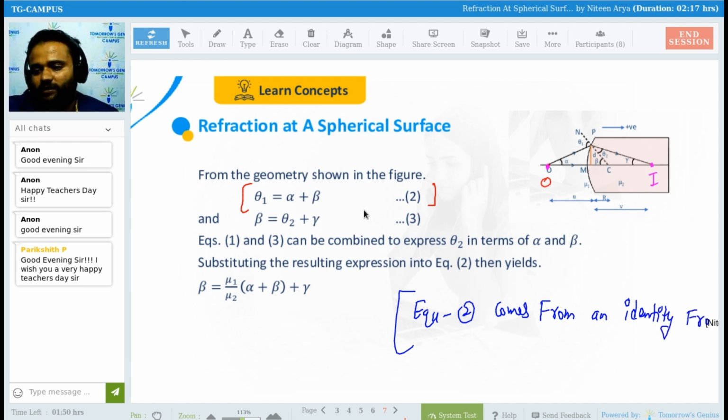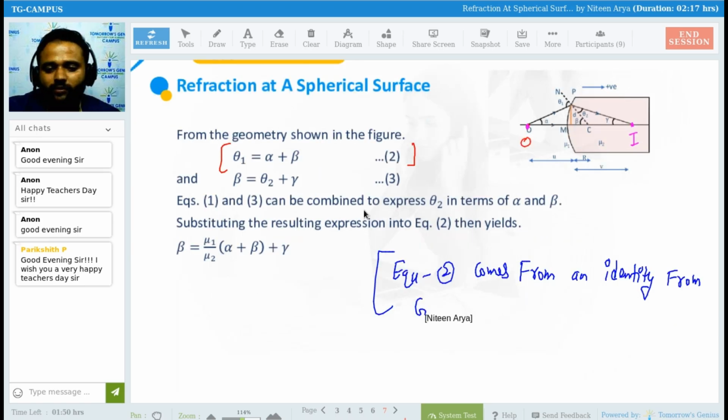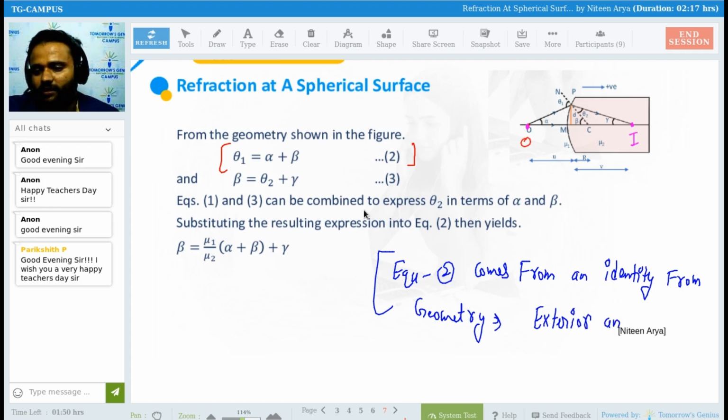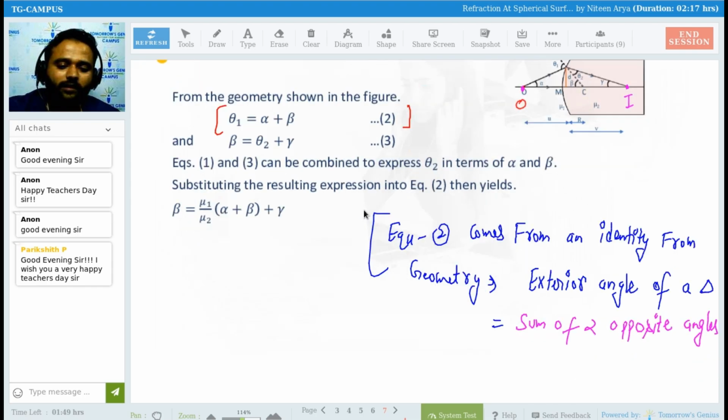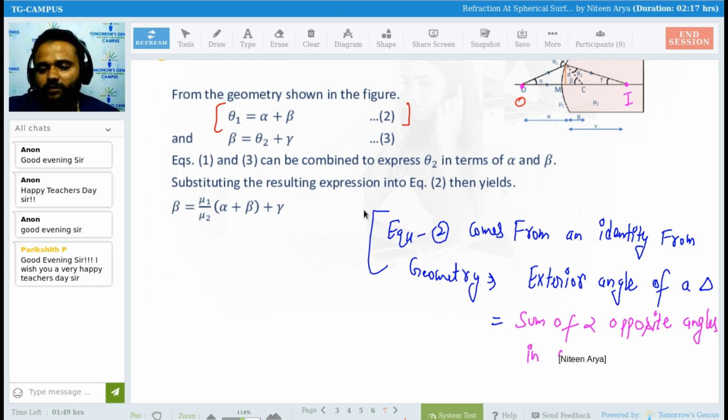Identity from geometry: the exterior angle of a triangle equals the sum of the two opposite angles inside the triangle. Okay, clear? So from this particular identity, what can we get?